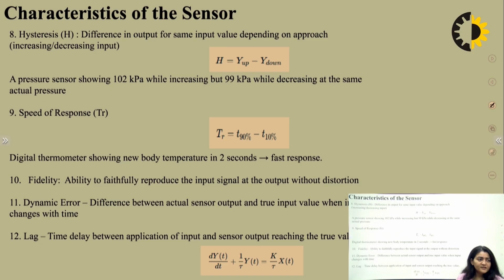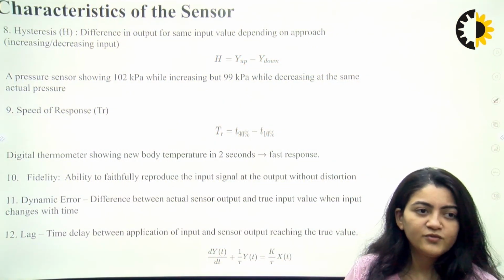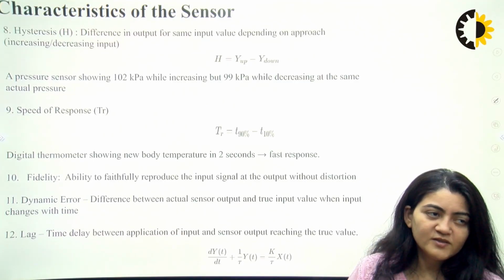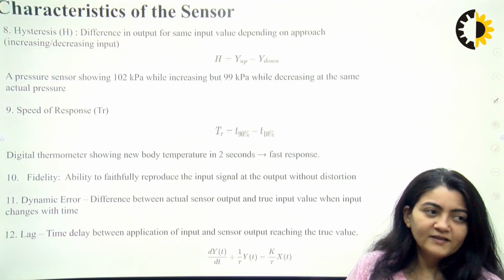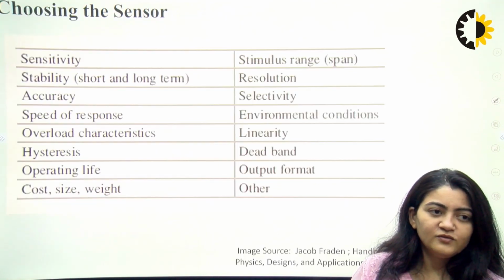Then fidelity is the ability to faithfully produce the input signal at the output without distortion. Then dynamic error is the difference between the actual sensor's output and the true value when input changes with time. Then lag is the time delay between the application of input and the sensor output reaching the true value.